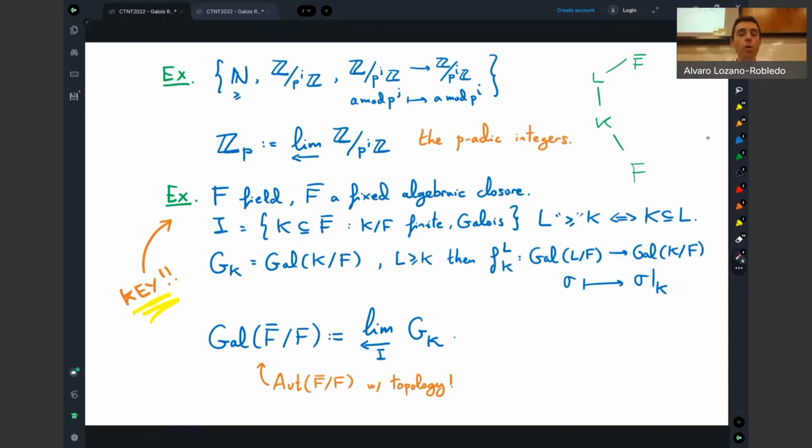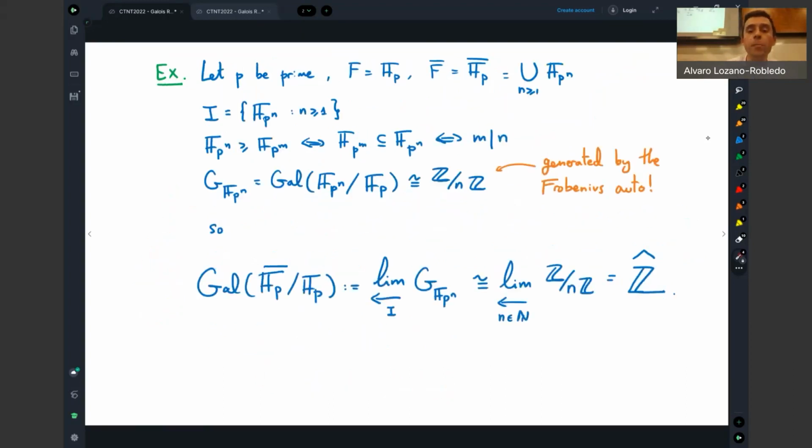All right, one more example: when F is Fp, the finite field with p elements, then we know that F bar, the algebraic closure, is the union of all the fields with p^n elements. The indexing set will be all the intermediary fields. How are they related?